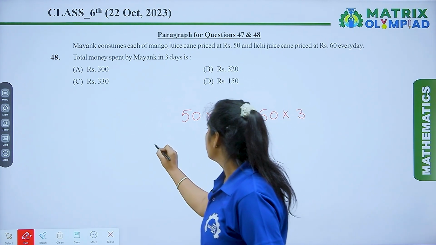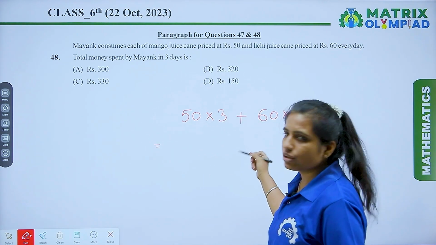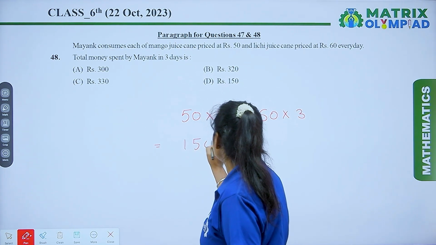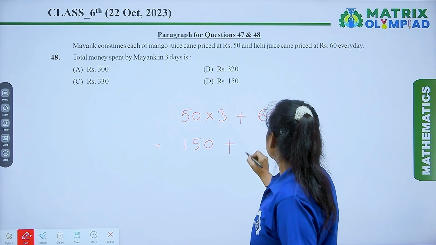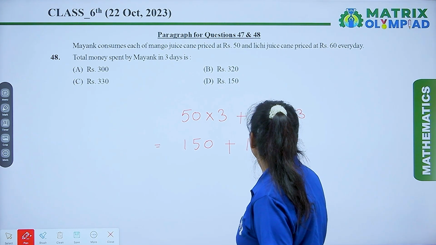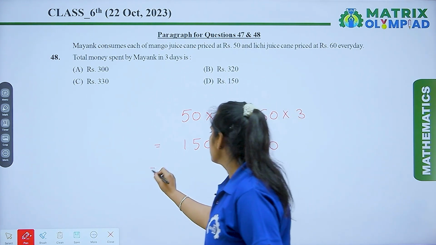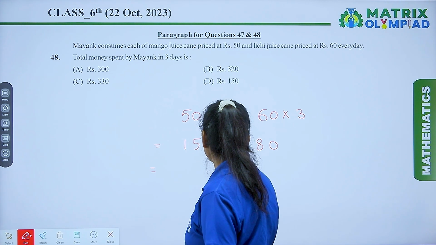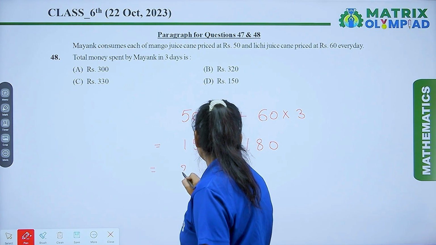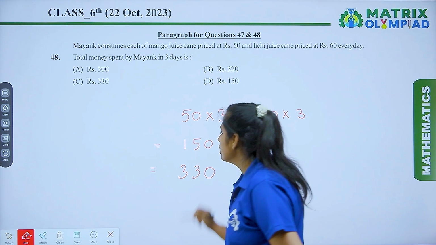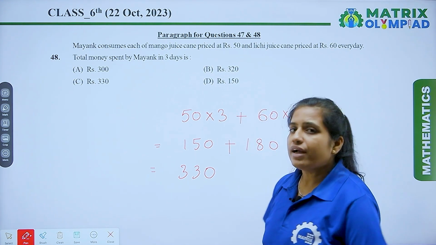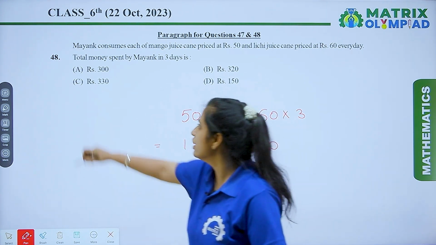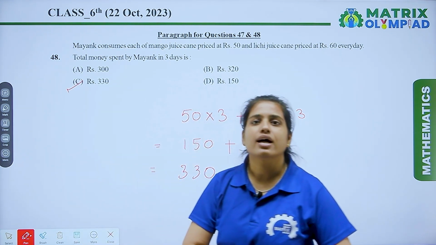So let's find out the total amount spent on these two juices. 50 multiplied by 3 is 150 plus 60 multiplied by 3 is 180. So here 150 plus 180 is 330. So rupees 330 is the total money spent by Mayank in 3 days. Here option C is the correct answer.